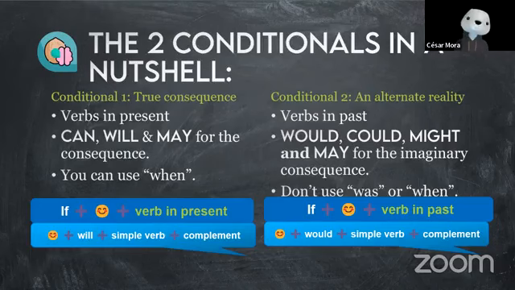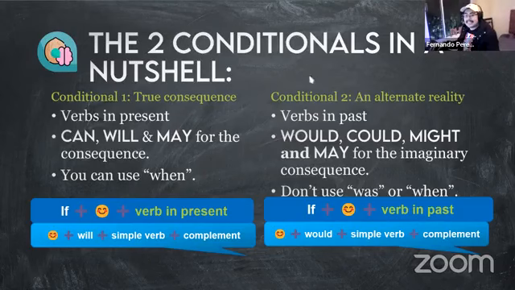Do you understand part one and part two? Well, that's important because in conditional number two, things change. In conditional number two, now you need the verb in past. The first idea needs the verb in past.